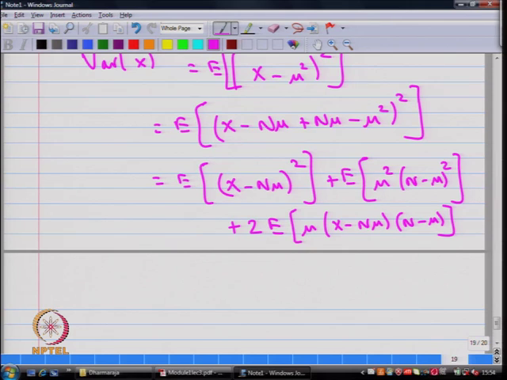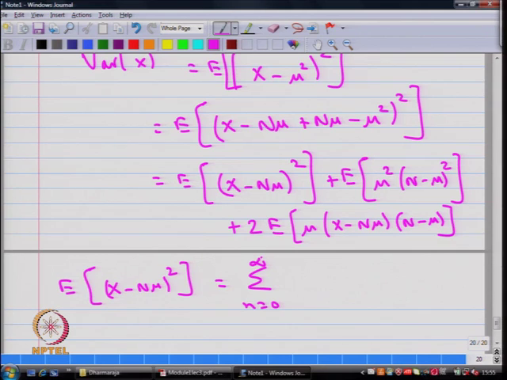Now, you can evaluate the first quantity, that is expectation of x minus n mu whole square, using the conditional expectation by making summation n is equal to 0 to infinity expectation of x minus n mu whole square given n takes a value small n multiplied by the probability of n takes a value small n.